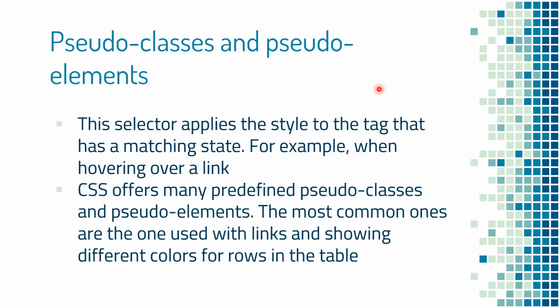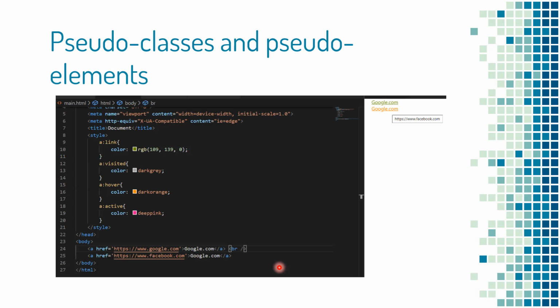CSS offers many predefined pseudo classes and pseudo elements. The most common ones are the ones used with links, as we will see, and another one which is using a different color for rows in the table. So let's go with the first one, which is the links.